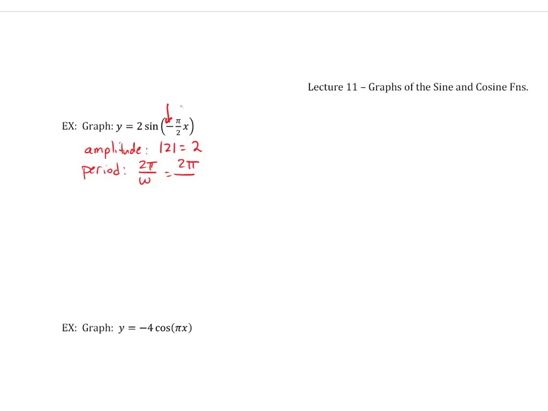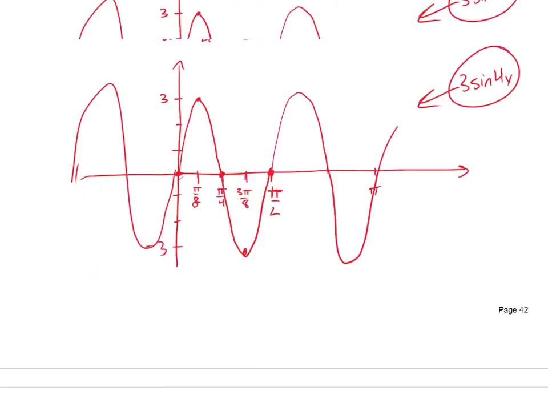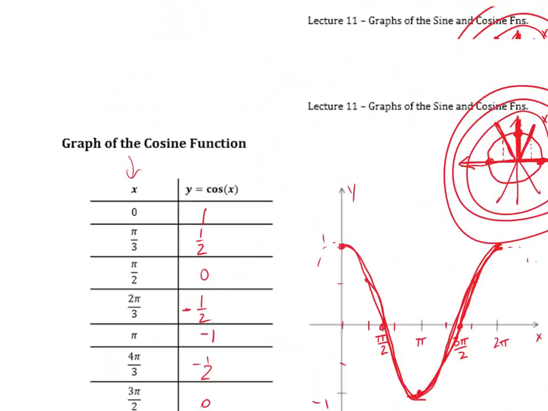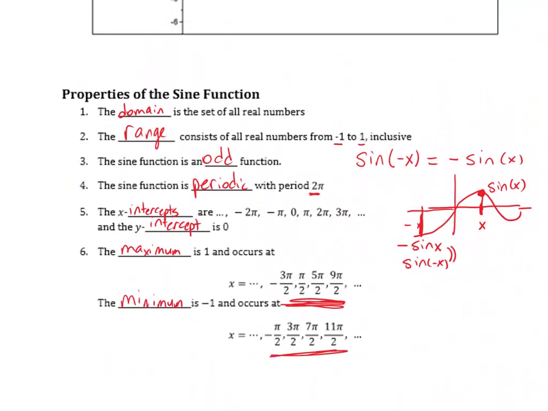Well, guess what? I'm going to erase what I just did and show you what we do is we take advantage of a property we've seen before, namely this property right here. In particular, this formula for the fact that sine of negative x is equal to negative sine of x.